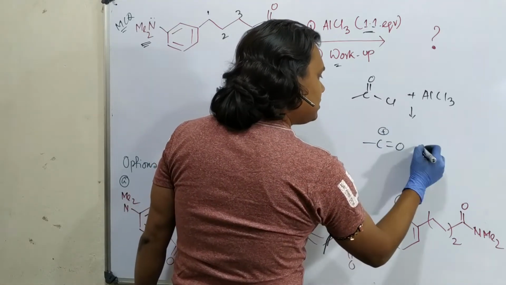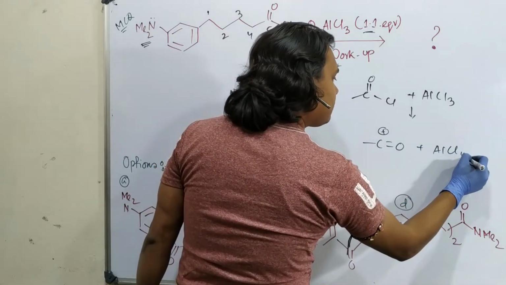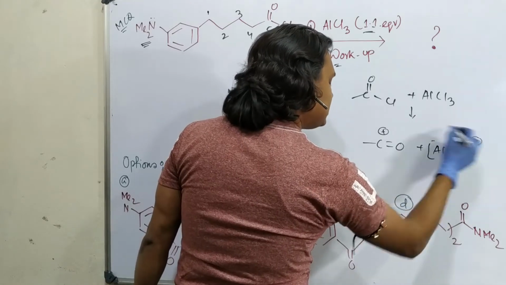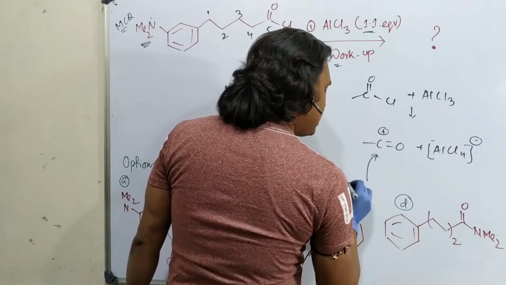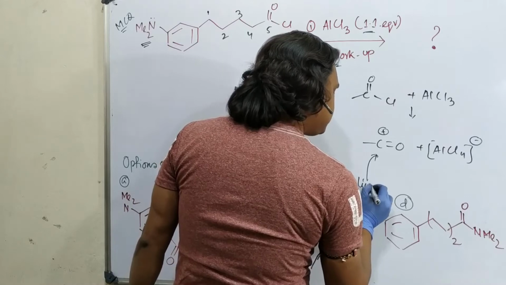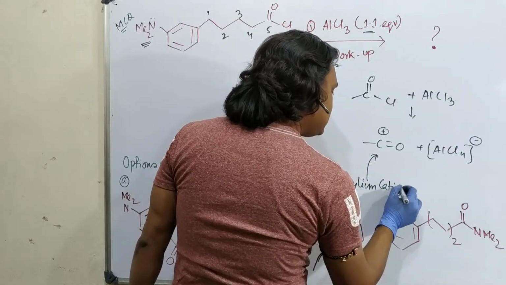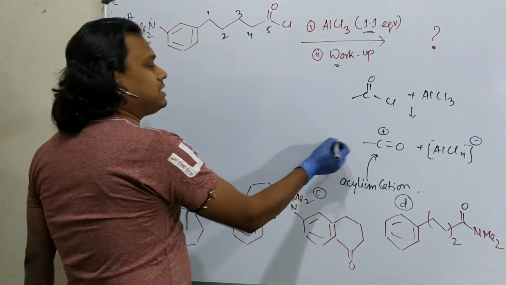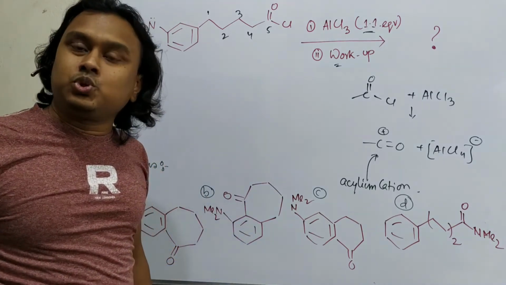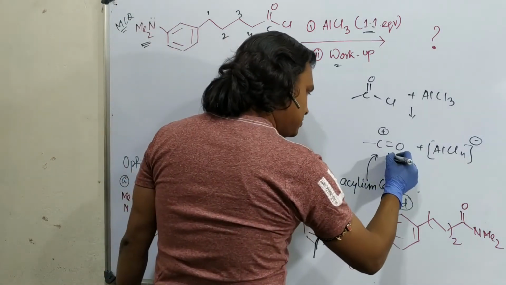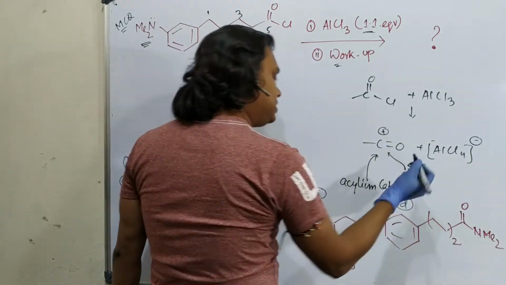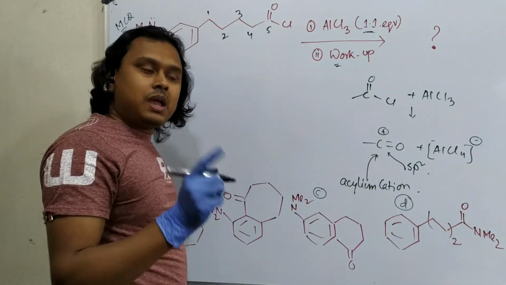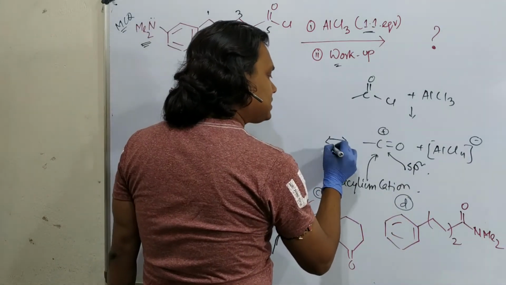This plus AlCl4 minus. This thing is called acylium cation. This acylium cation is an sp2 carbocation because this center is sp2, so it is expected to be highly unstable, but actually it is not, because of this canonical form.